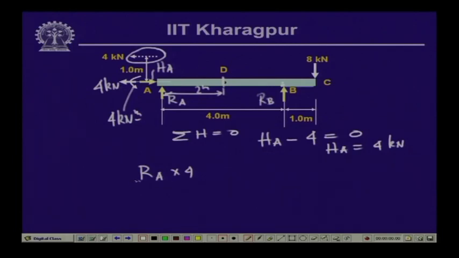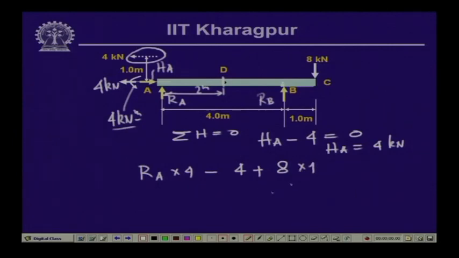Now, if we have called anticlockwise positive, then we have the anticlockwise moment of 4 kilonewton meter, which is minus 4, and then we have the 8 kilonewton load which is causing a moment over here, which is again a clockwise moment, so plus 8 into 1.